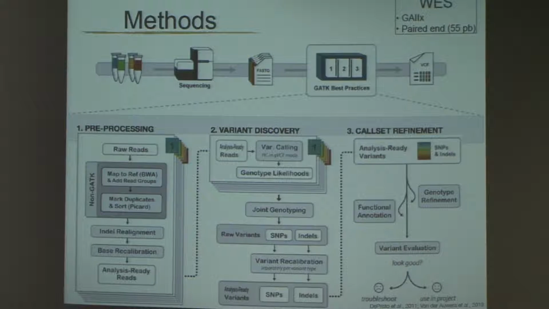We made a library with 55 base pair reads, and after sequencing, the FASTQ files were first mapped with the BWA program against the human reference genome HG19. Then the mapped reads were marked and sorted to finally identify the variants with the GATK protocol, which involved indel realignment, base recalibration, and then genotype likelihoods to distinguish true positive variants from false positive variants.